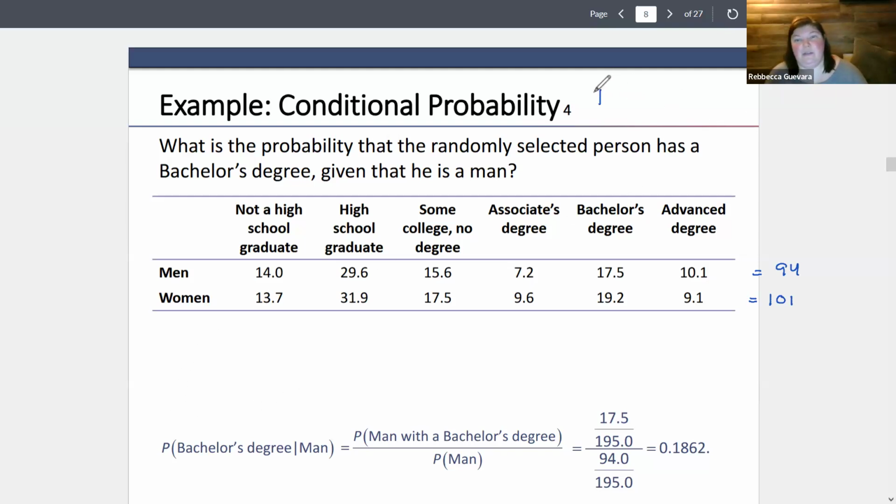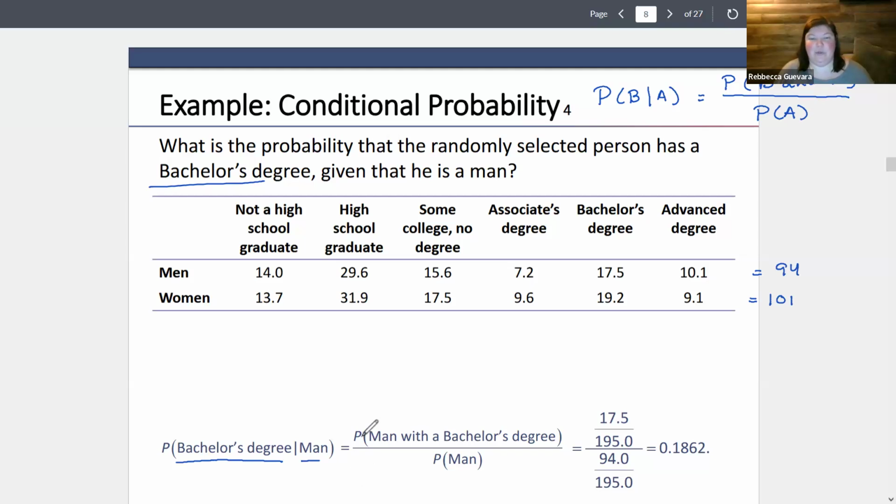If you remember my formula for a given event, B given A, it's the probability of B and A occurring, divided by the probability of just A occurring. So we're looking at the probability of having a bachelor's degree given that the person is a man.